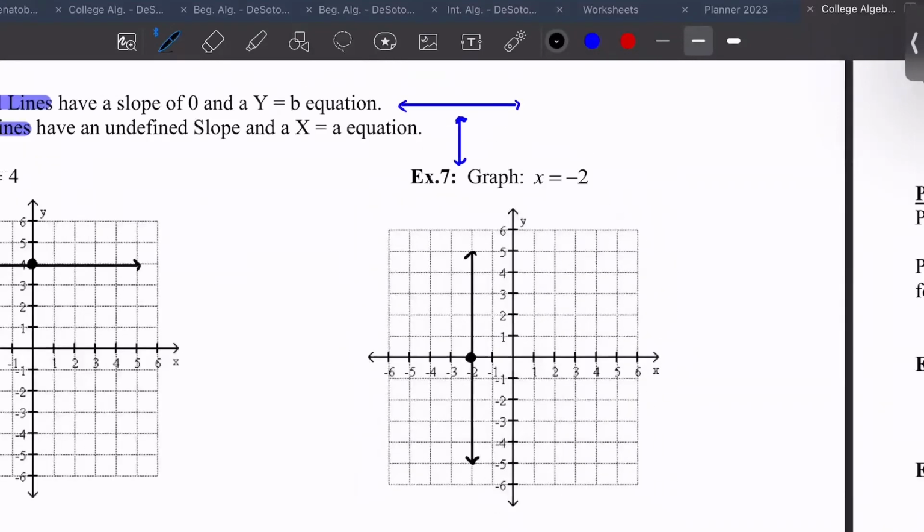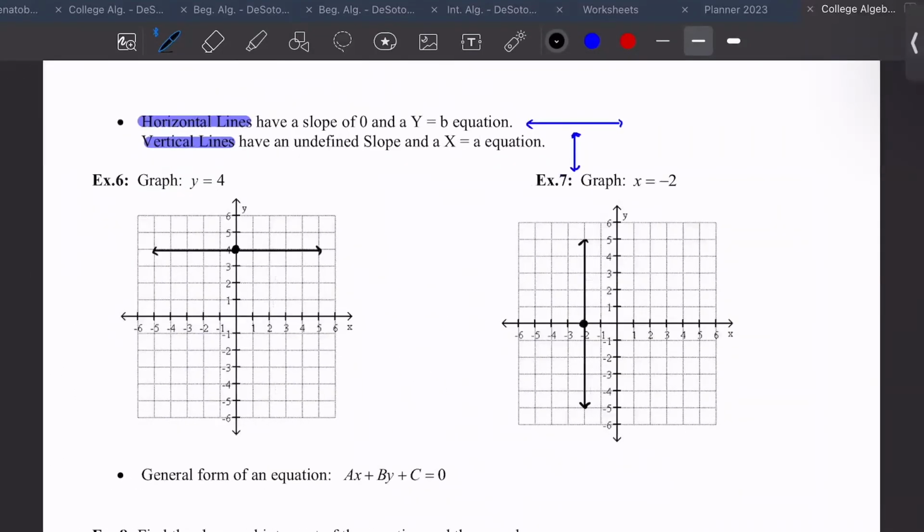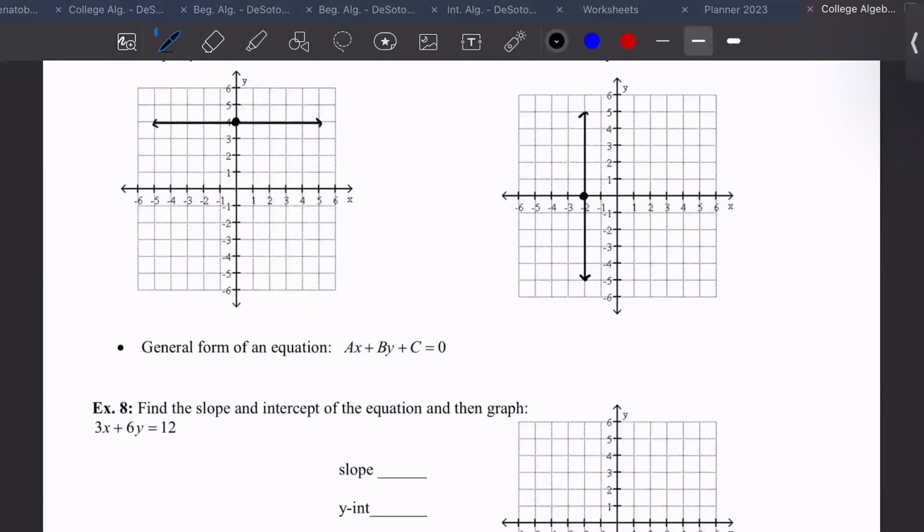So that is how you plot those. Should not be difficult ones that you're dealing with. If it's an x equals, it is a vertical line. If it's y equals, it is a horizontal line.